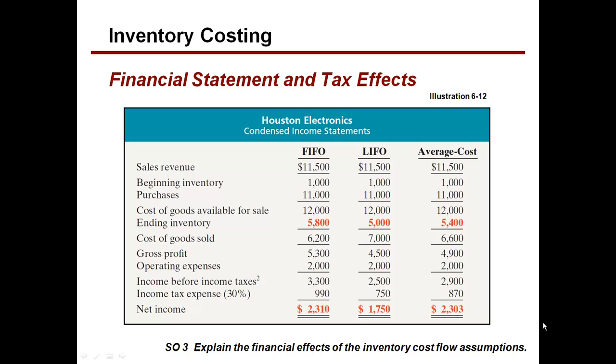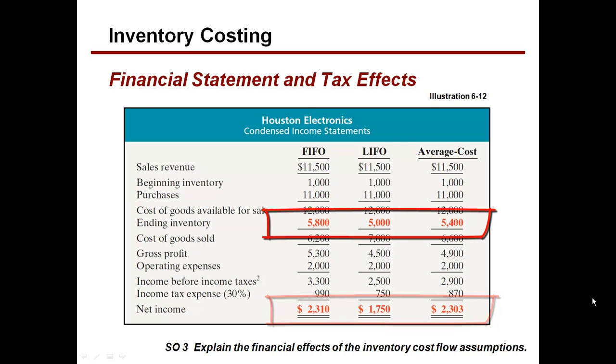That is, we sold 550 units in every example here, but look at the cost of goods sold is valued differently under FIFO, LIFO, and average cost. Likewise, the ending inventory is valued differently under FIFO, LIFO, and average cost. So just based on our assumption of cost flow methods, we can get different results in our income statement and different results in our balance sheet, the balance sheet being the ending inventory.